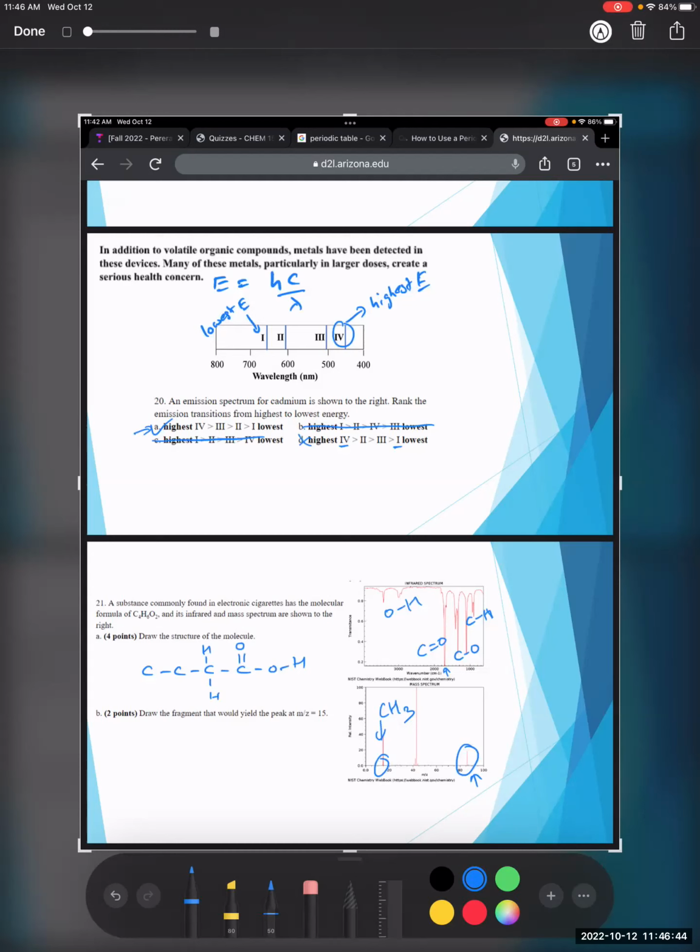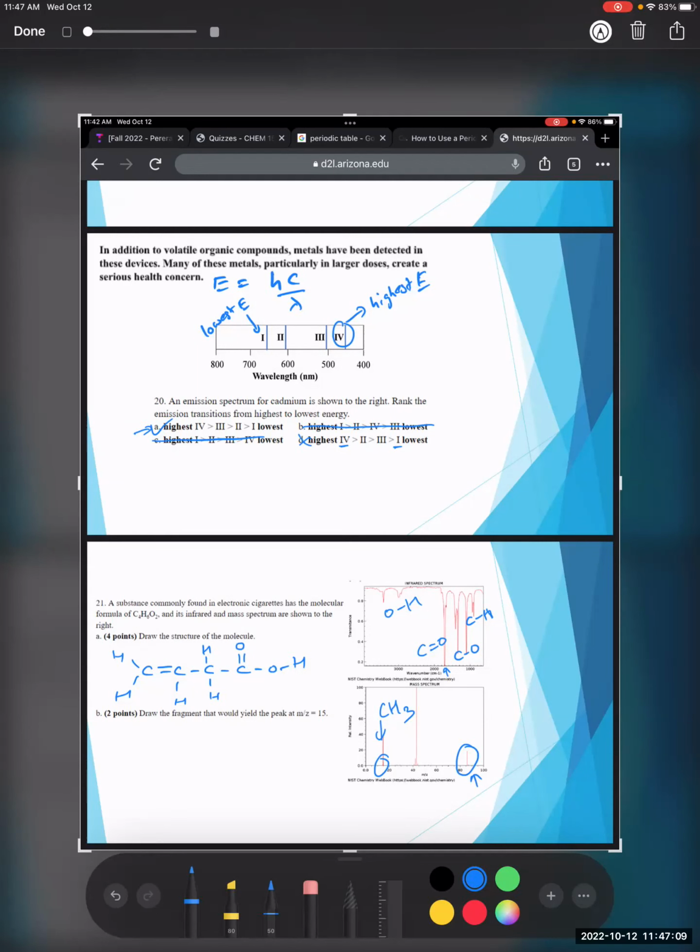So we have 1, 2, 3. And then if we have a double bond over here, then there's 1 hydrogen, hydrogen, hydrogen. Let's count the hydrogens now. We have 6 hydrogens, 4 carbons, and 2 oxygens. So the composition matches.